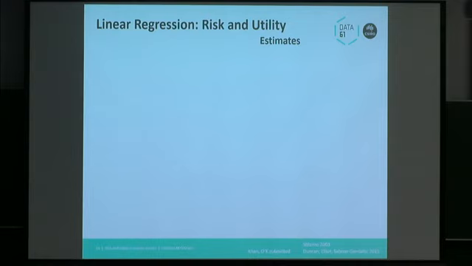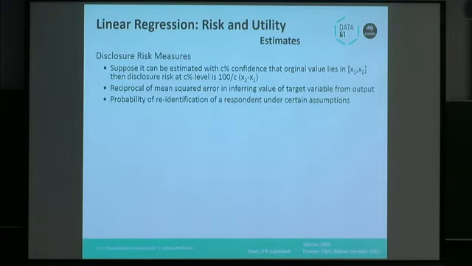So looking at estimates, what are the sorts of measures for risk and utility people are using? Kind of, again, a couple of proxy measures.